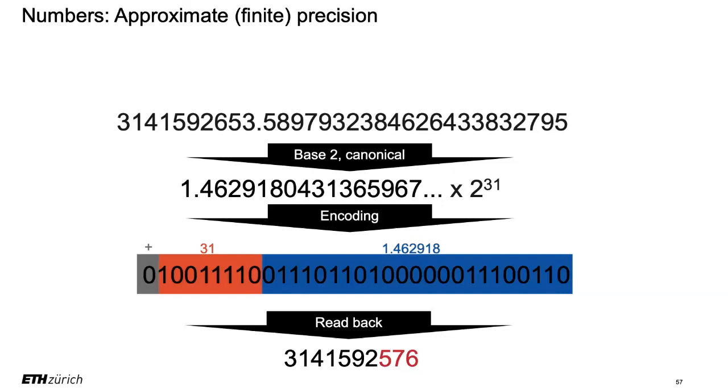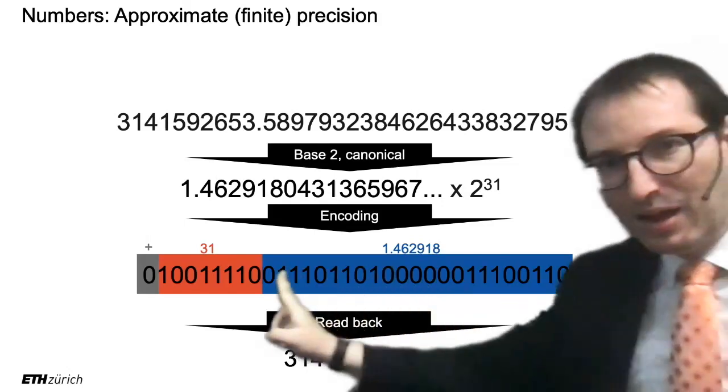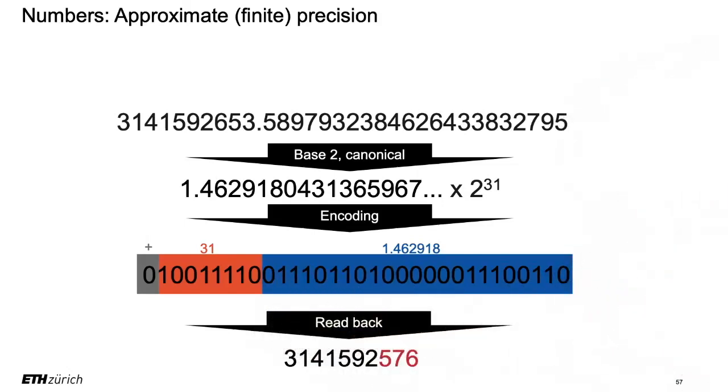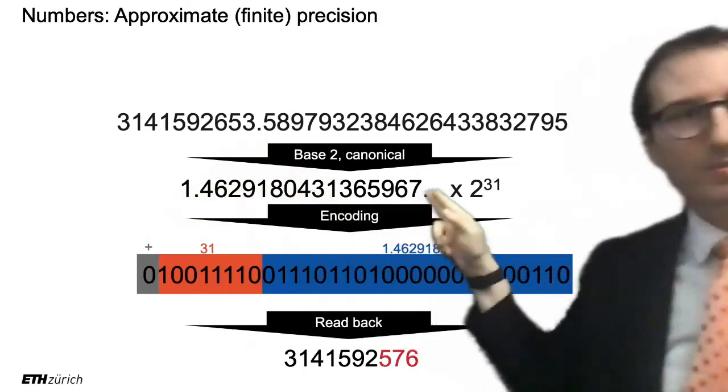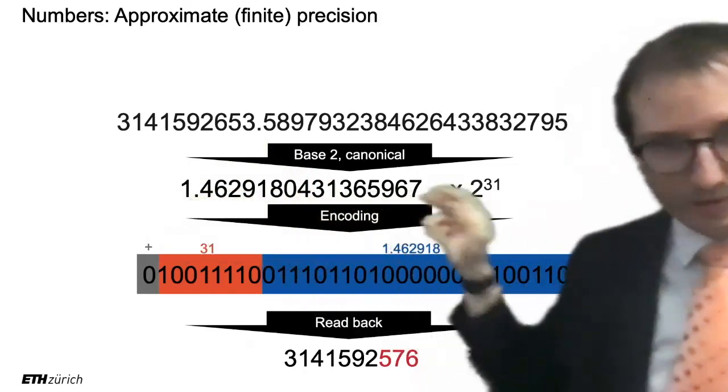Now your question might be, it's not just truncated, it's that there's actual digits here, 5, 7, and 6. And where does that come from, right? Maybe that was your question. It's because this part here in the mantissa, the blue part, that is on the right, it's ones and zeros. And in fact, here I wrote it for convenience in base 10, just for the screen.